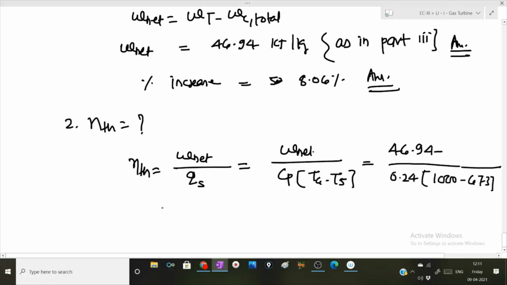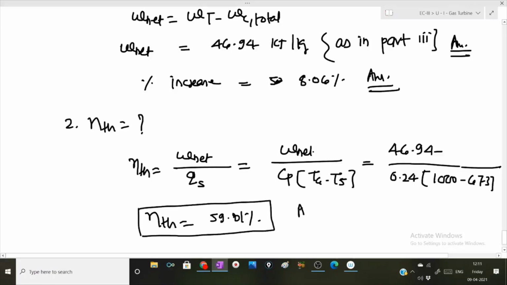So thermal efficiency comes out 59.81%. Answer.